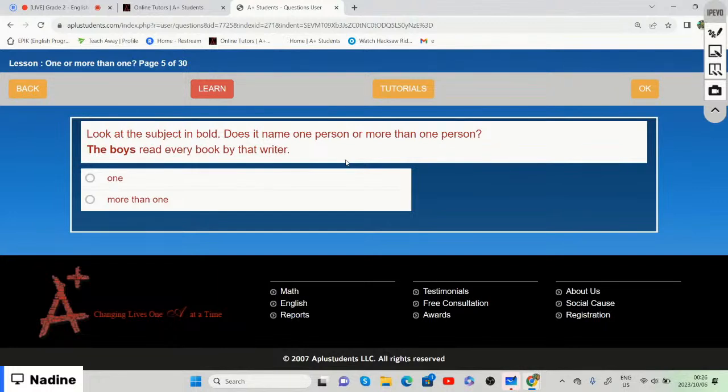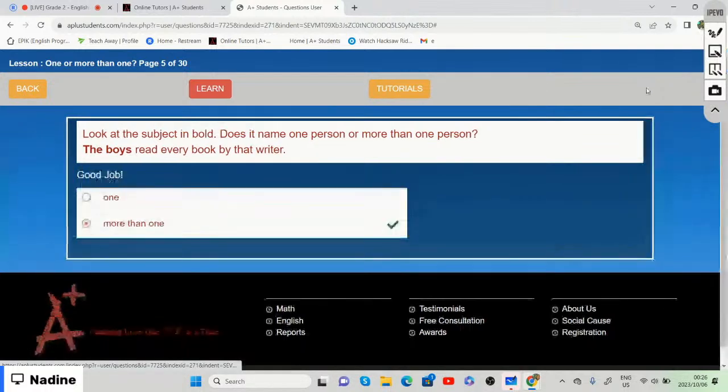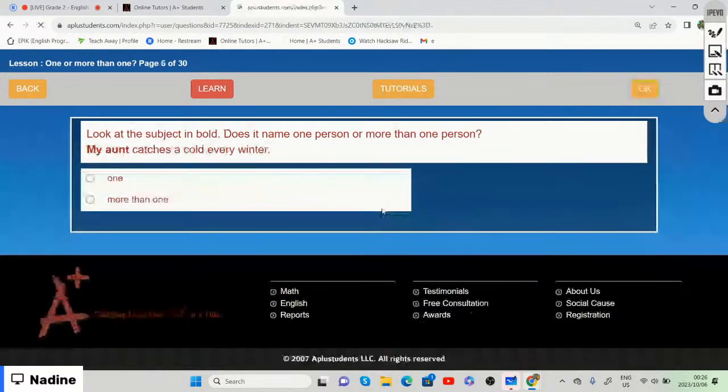So if we make mention of the boys, then it is definitely more than one boy. So we can say more than one. So the boys read every book by that writer. So they are more than one.